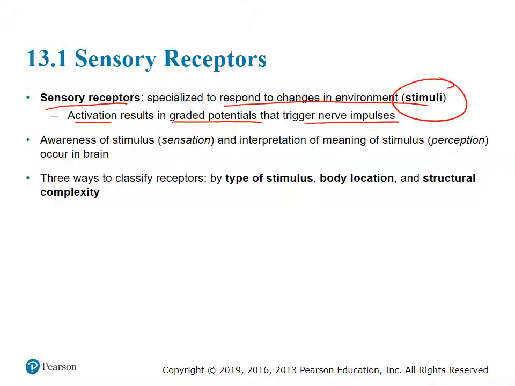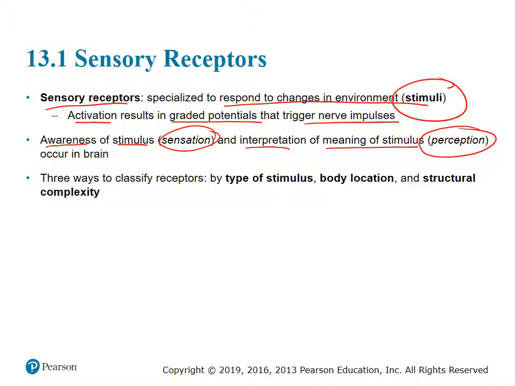So what does this give us? Sensation. The definition of sensation is the awareness of the stimuli. If you consciously know the stimulation or the stimuli, then this is what we mean by sensation. We also then convert that sensation to perception, which is the interpretation of the meaning of the stimulus.